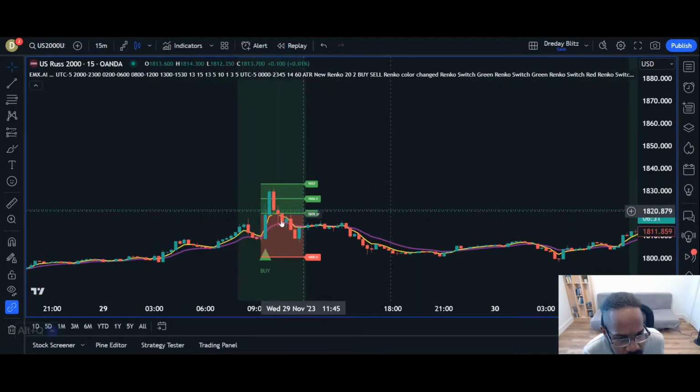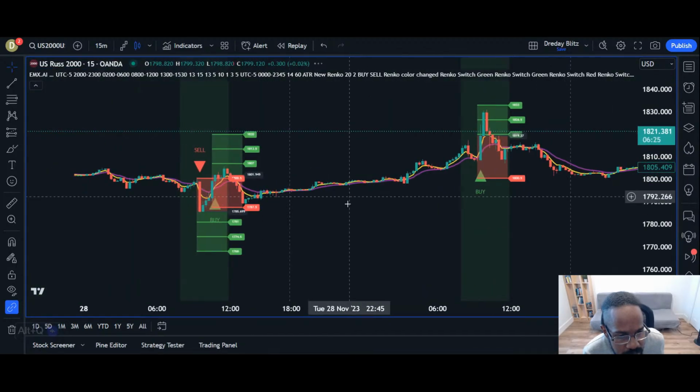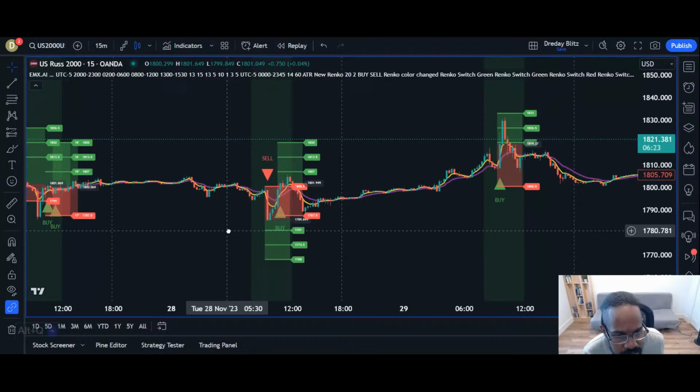On Wednesday, we have a buy here on TP1, TP2. So we had a sell, and then it switched to a buy.